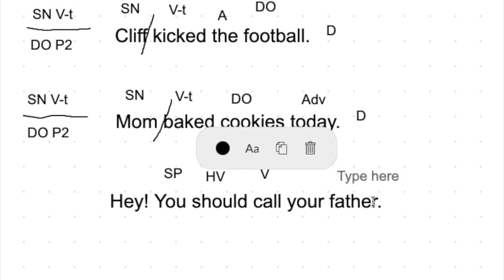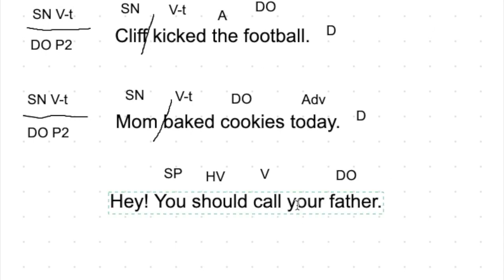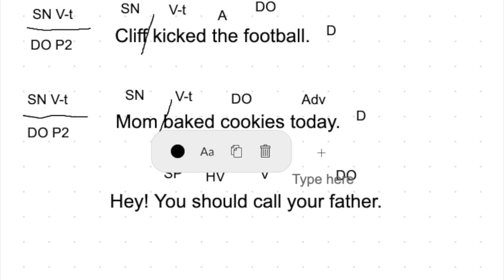Father is a noun. Is it the same as you? It is not. It's part of the predicate. It's receiving the action. It's the direct object. Your. So whose father? Your father. It's describing father. It's a pronoun, so it's a possessive pronoun adjective.